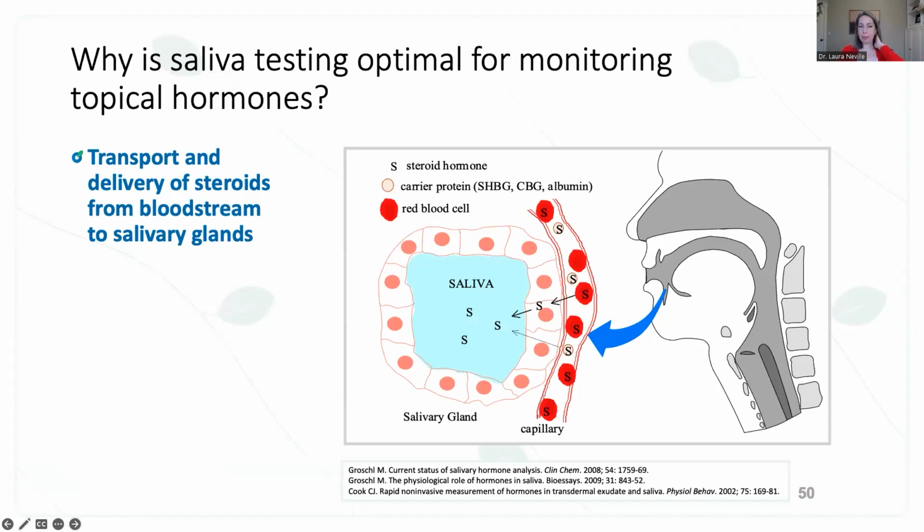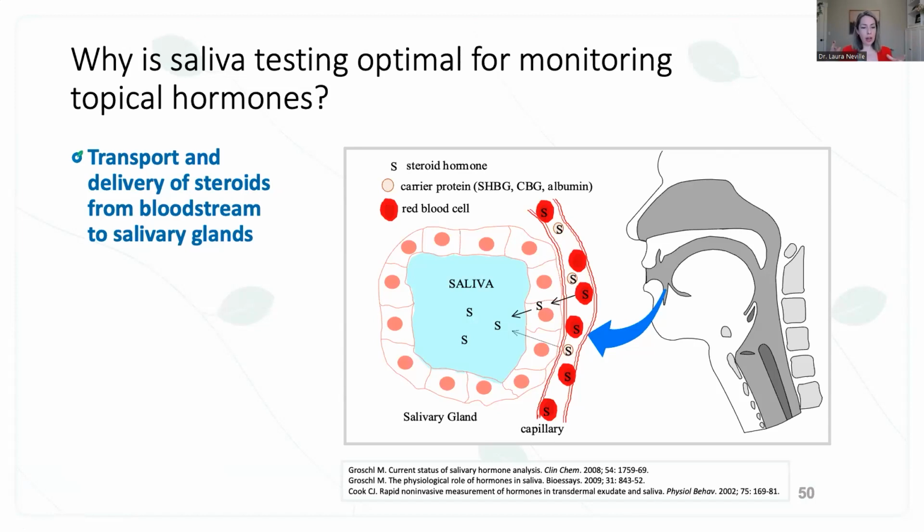So saliva is allowing us to look at these bioavailable levels, whether endogenous or exogenous, and that's because saliva is actually pulled from capillary blood flow around the salivary glands, and these nonpolar molecules can freely diffuse across the capillary membrane and into the salivary tissue.